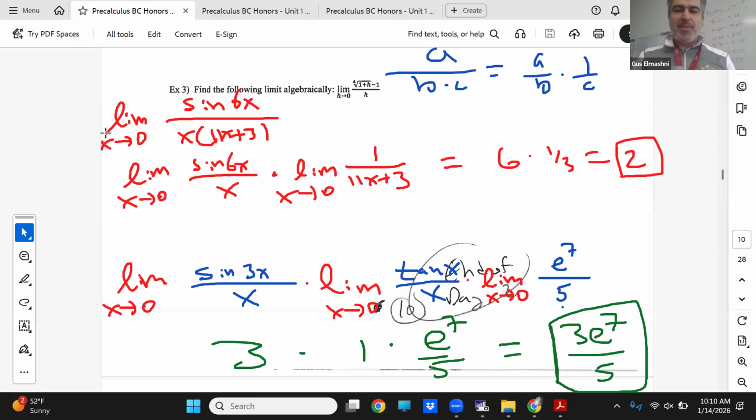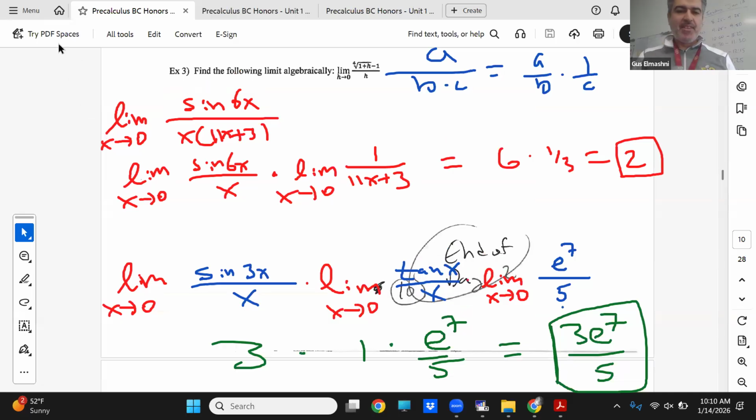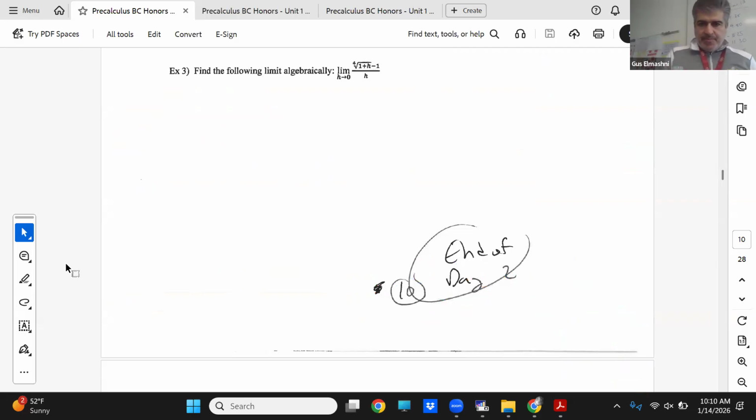Okay. Example 3. Trying to think here. Multiply by the conjugate, I know, but it's a fourth root. That's why I'm just a little, give me a sec. Let me think this one through here.